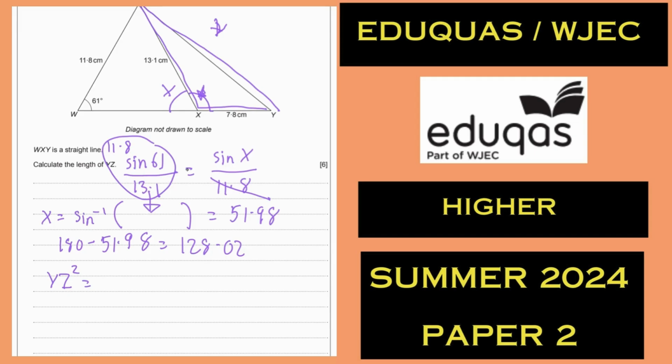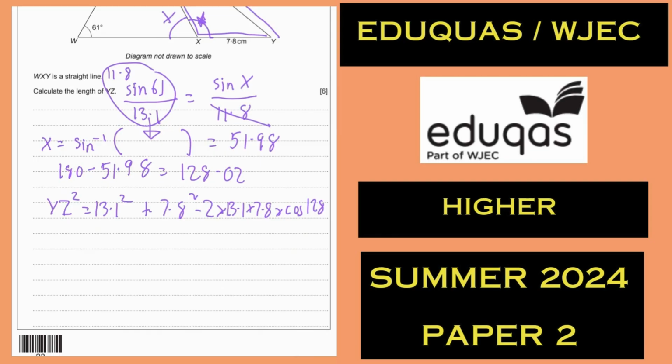I'd just rather say it as it's the two sides either side of the angle squared and added, minus 2 lots of these sides multiplied by the cos of the angle between them, 128.02.